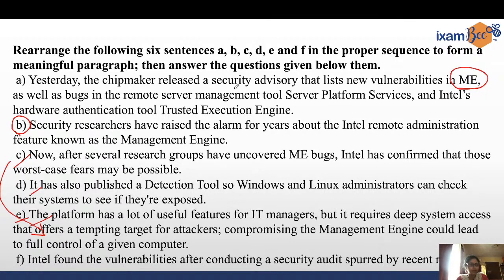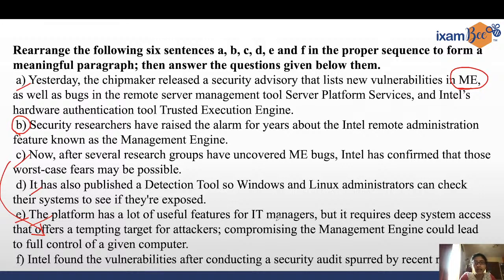So they are telling the common people you should be cautious and careful. So A becomes the next sentence. So we are done with B, then E, then C, then A. So we are left with F and D.